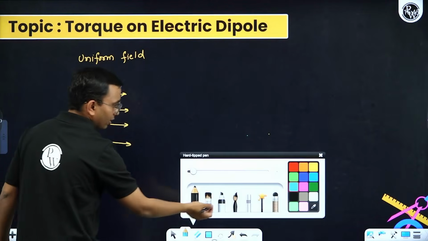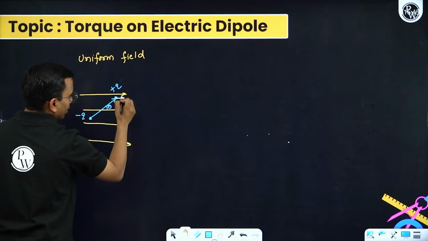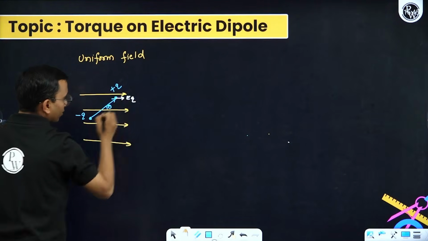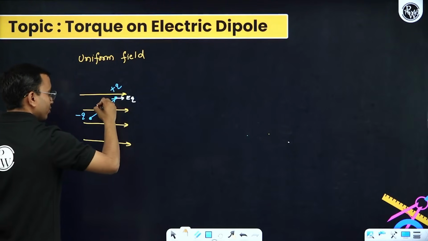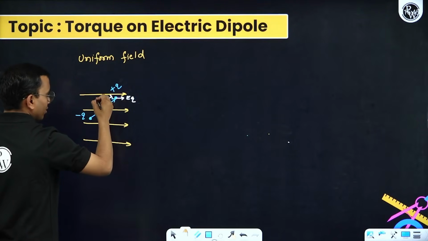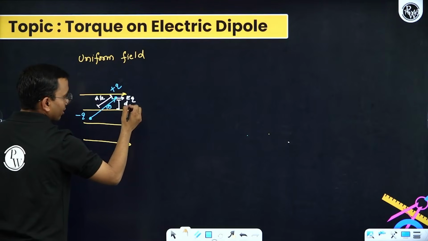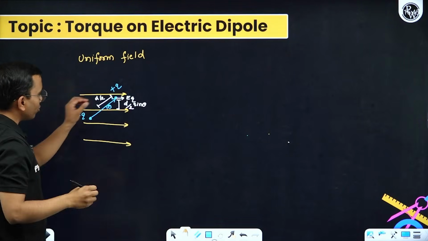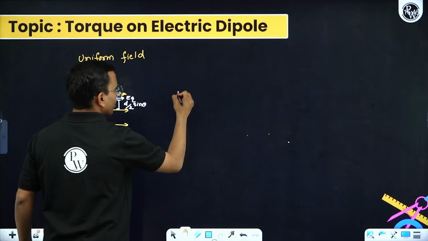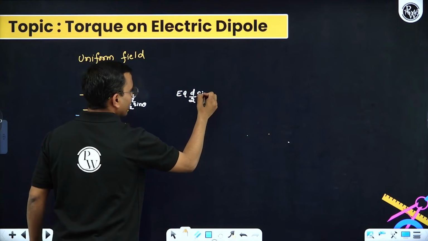So if I write the force, so this force EQ, how much is this distance? This is d by 2, you see this is d by 2, so this distance is d by 2 sin theta. So about center the torque here is EQ d by 2 sin theta.